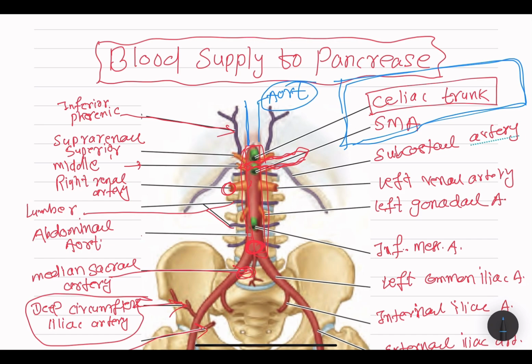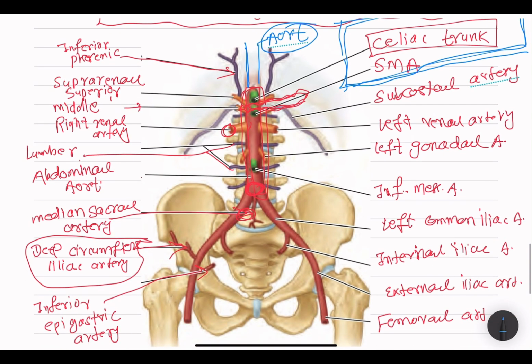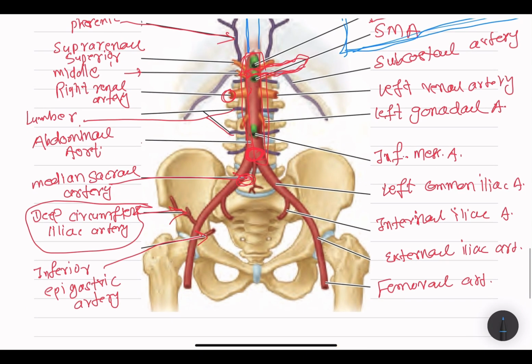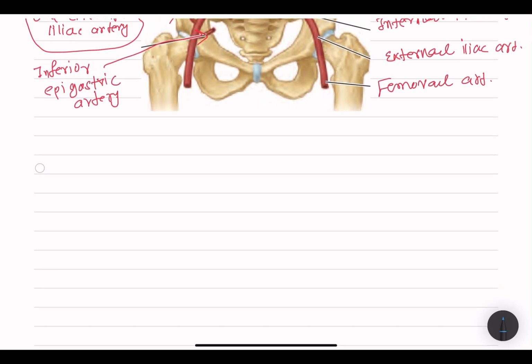My goal is to draw the branches of this artery to identify where the celiac trunk and the superior mesenteric artery are located. Later when I draw the other arteries from the celiac artery, you can understand. First I will roughly draw the artery, then I will show you in pictures, so it will be easy to understand where the artery is coming from.